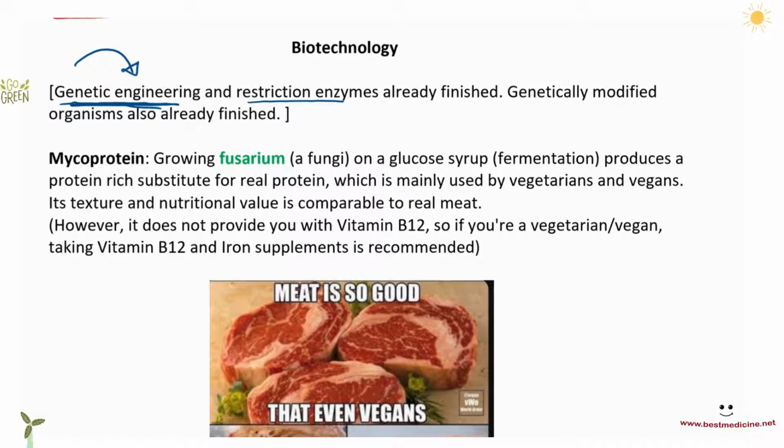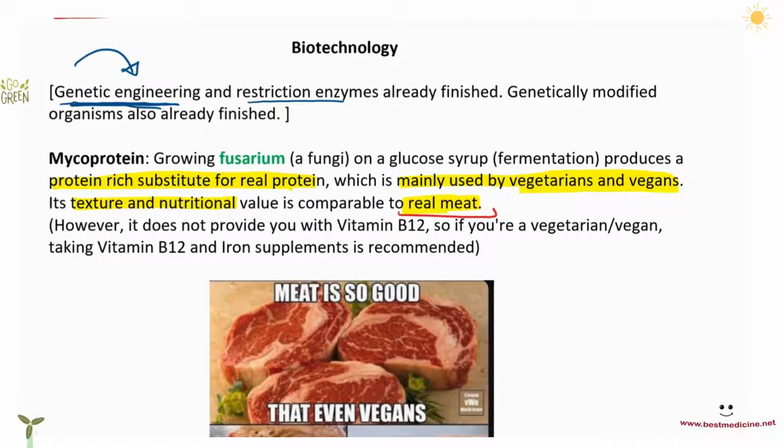What is mycoprotein? Mycoprotein essentially is just a very protein-rich substitute for real protein, which is used by vegetarians and vegans, okay? Its texture and nutritional value is very similar to real meat. So they try to grow this fake meat to try to get a feeling of the real meat.